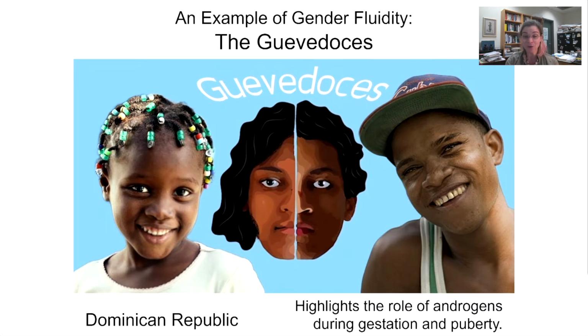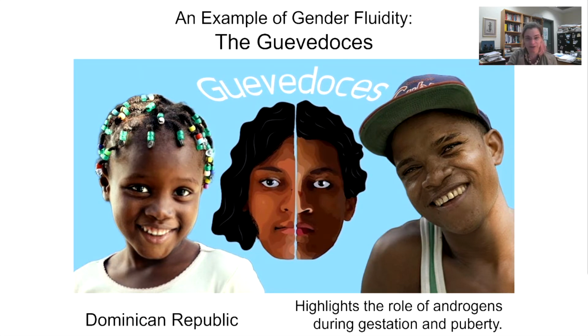And so people in this village, in this town, were like, hey, we need a third category. So we have boys and we have girls, and we have the juevedoches. And it's a really neat example of how language can accommodate these intersex categories and work with the biological variation.